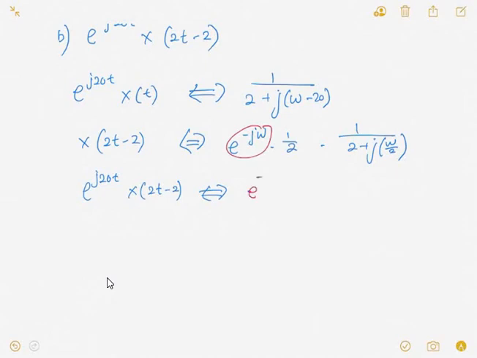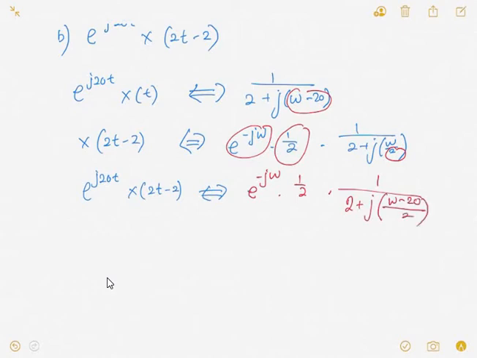So you write out this one, and also you have this one, and the X(omega) becomes j omega minus 20, and also you have the 2 here, divided by 2. So for easiness, that one is 2 plus j (omega minus 20) over 2. So you include everything. Okay? Do you understand, class?